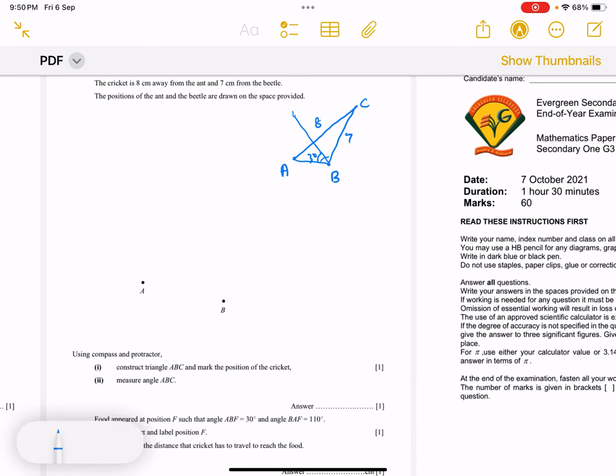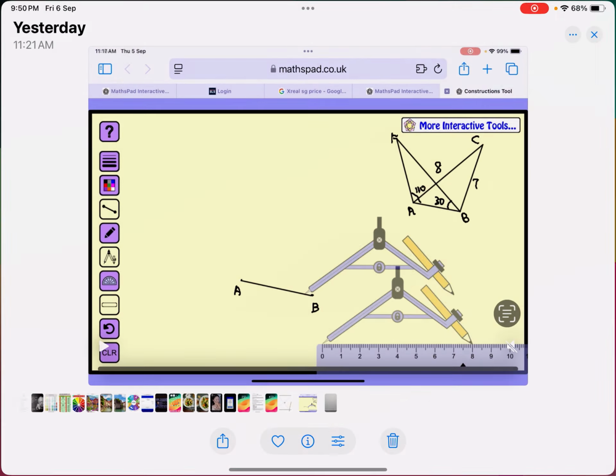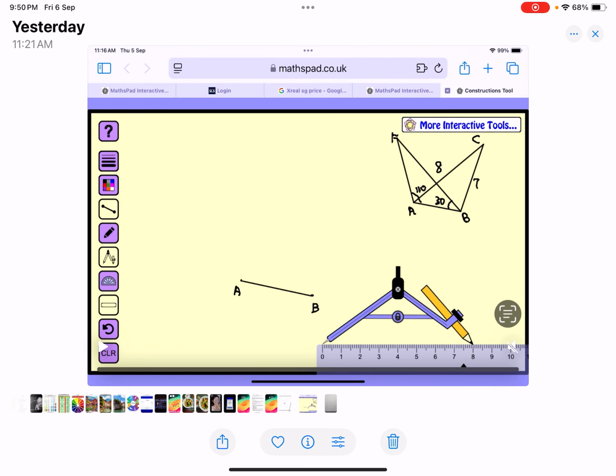So this is the position of F, and this is the triangle that we need to construct. Let us watch this video on how we construct.